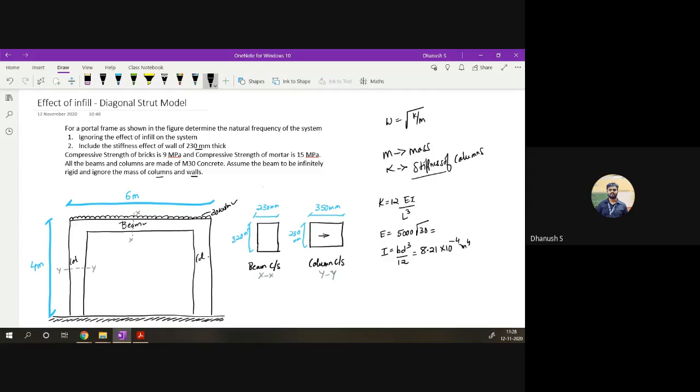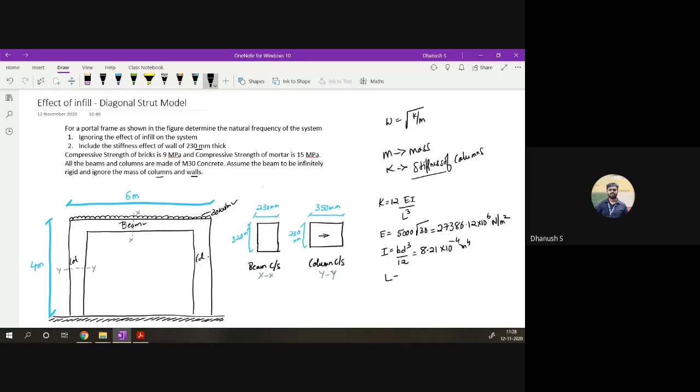How much is 5000 root 30? 27386.12, so 27386 Newton per mm square. Is this correct? Yes, sir.